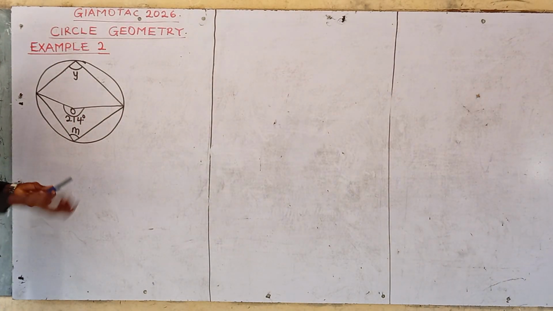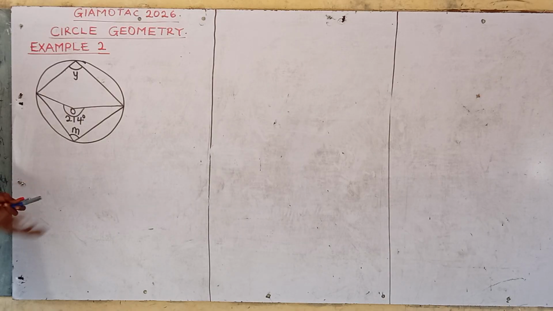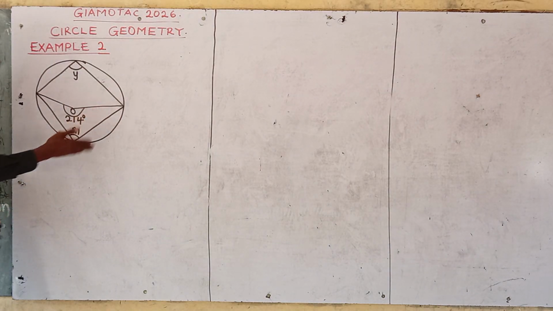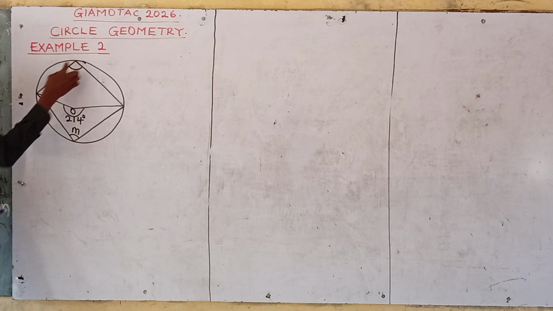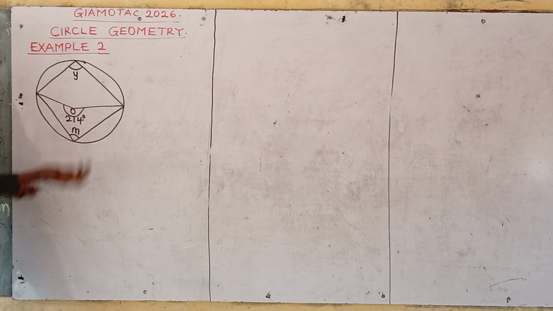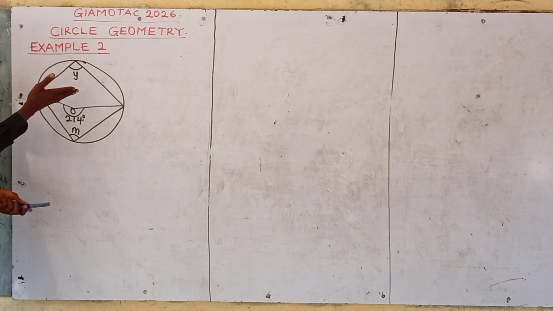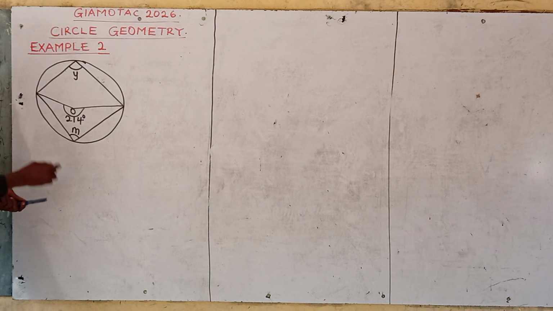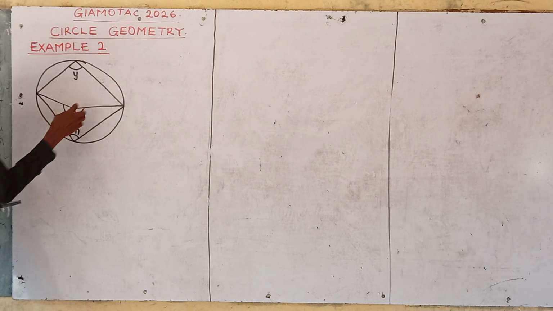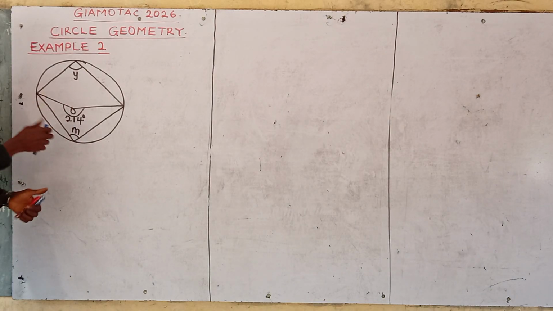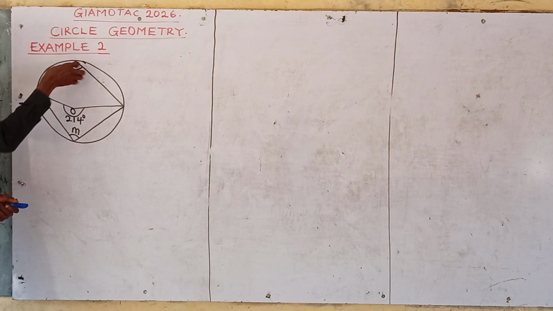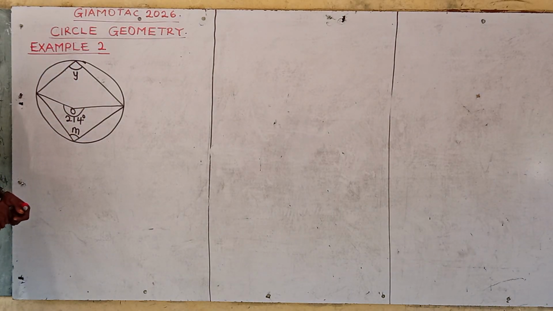I'll tell you that the way you solve psychometry is by observation. Observe what is here. I can see a quadrilateral shape, meaning it's possible that theorem 5 is present here. I can see an angle at the center and at the circumference. This is carrying you back to theorem 2. Theorem 2 is the one that talks about angle at the center and angle at the circumference.